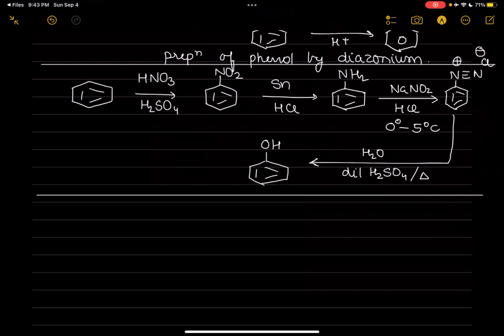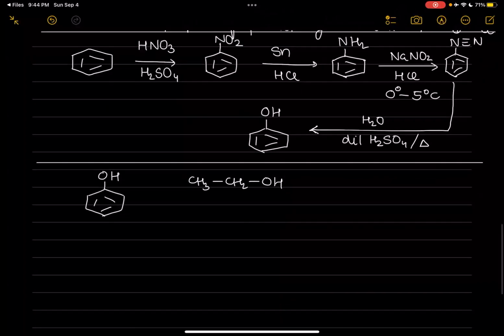Now, what are the properties? Suppose phenol is there. Tell me, if you take any aliphatic alcohol and phenol, which one is more acidic? Which one is more acidic, the phenol or the ethanol?